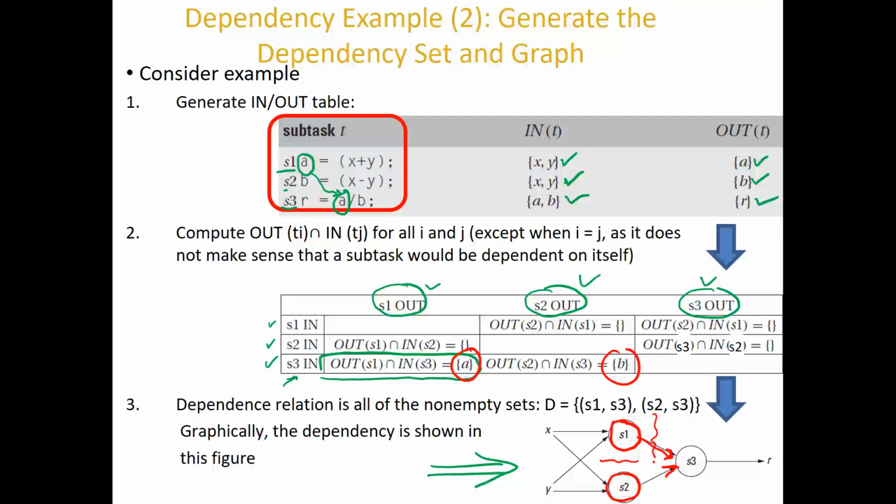So you can see this boundary of parallelism start to appear in my dependence relation, and the relation can be written as S3 depends on S1 and S3 depends on S2, or represented in a graph.